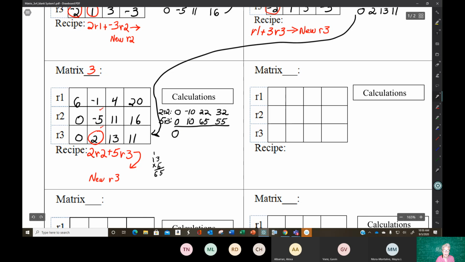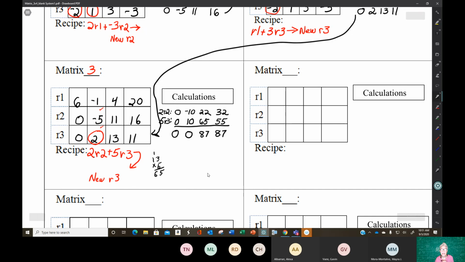0 plus 0 is 0. Negative 10 plus 10 is 0. 22 plus 65 is 87. And oh, 32 plus 55 is 87.